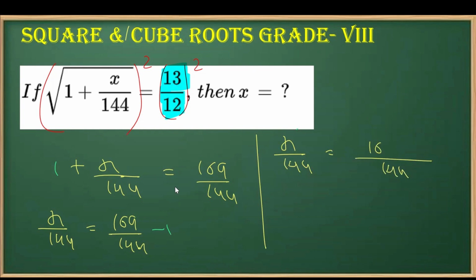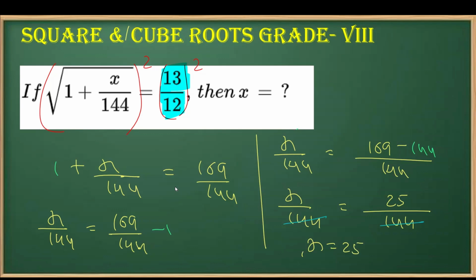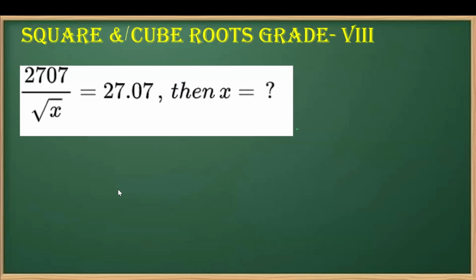This is 169 minus 1 multiplied by 144 over 144. One more step involved over here is to simplify the right hand side. On subtracting this, what I'm getting is 25. Now we can cancel the two 144s, as you can see both sides have the same denominator. So that gives you x as 25. So we'll say that 25 is the answer for this part.